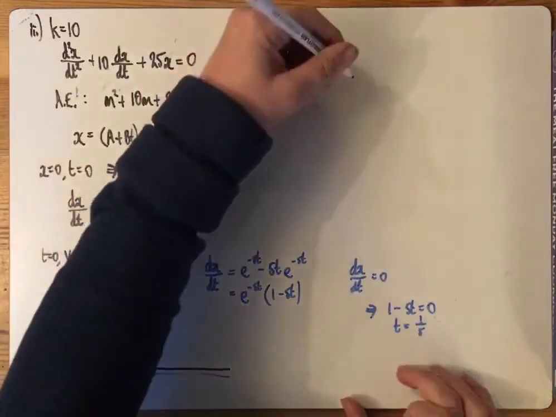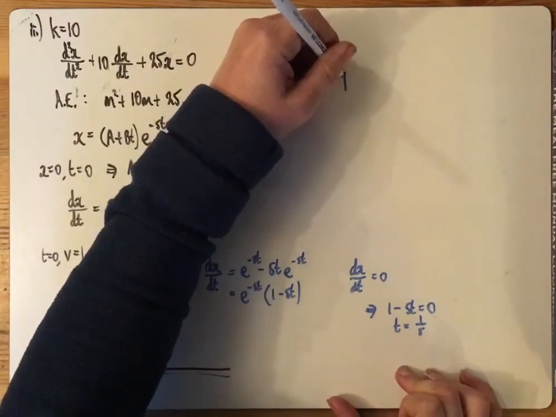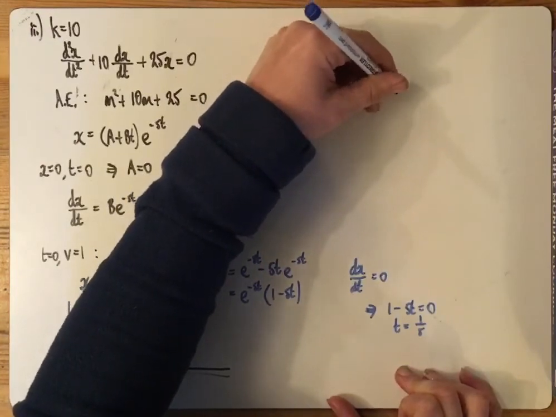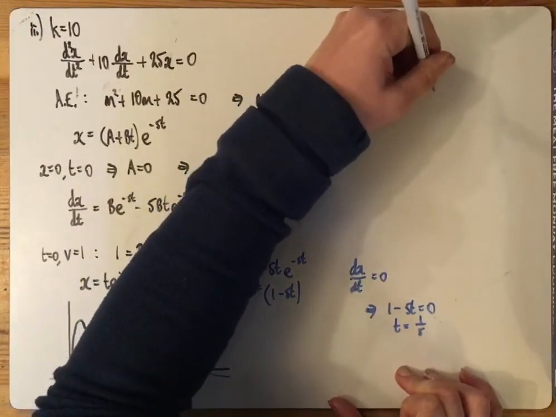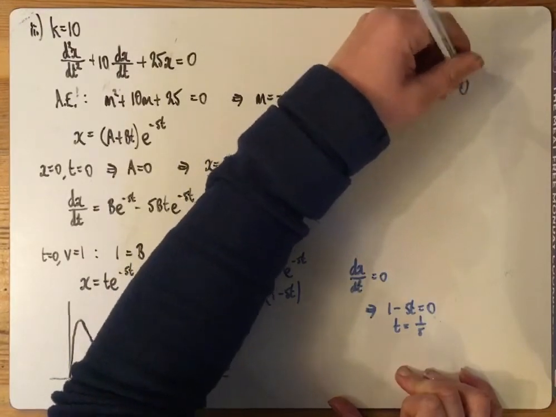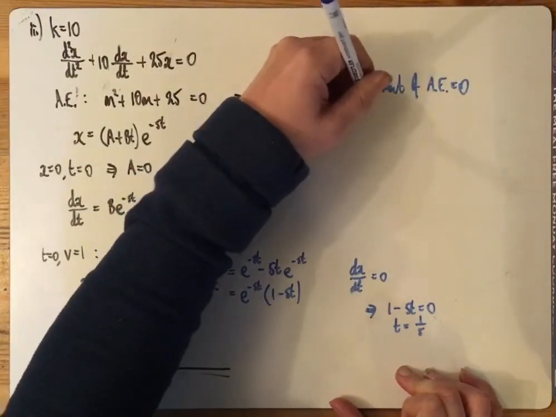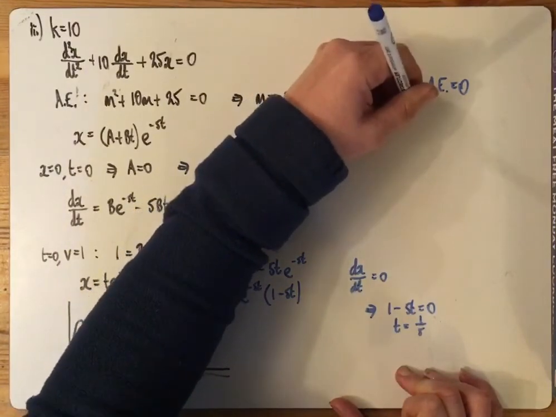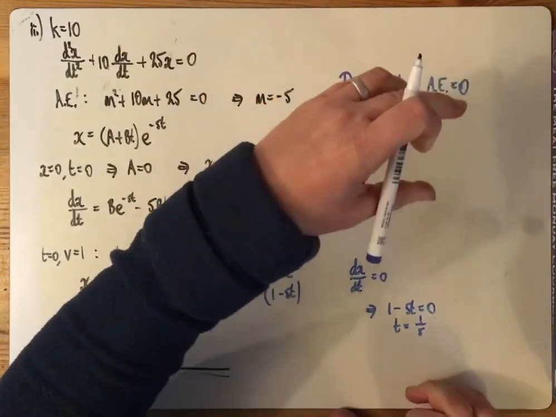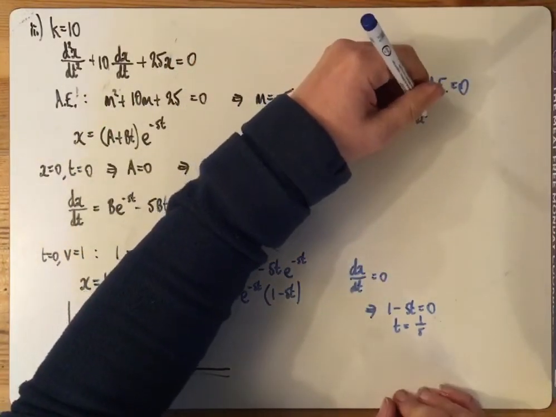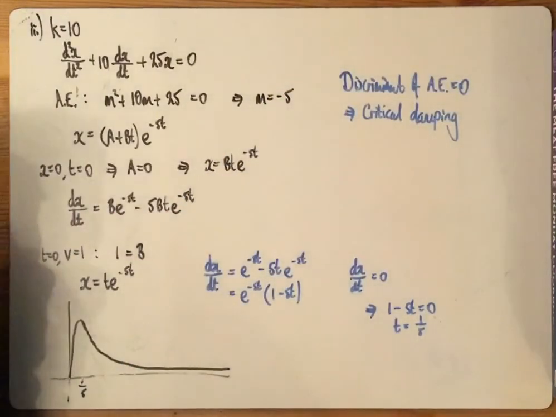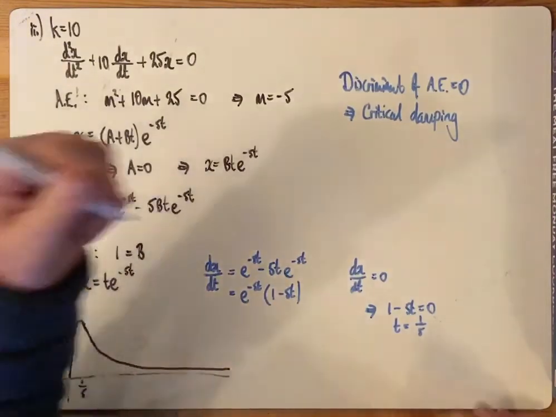So a few things to note. The discriminant of the auxiliary equation is equal to 0, and this is known as critical damping. So it's where you go from light damping to heavy damping, and the oscillations stop, basically. The pattern of motion can be similar to overdamping.